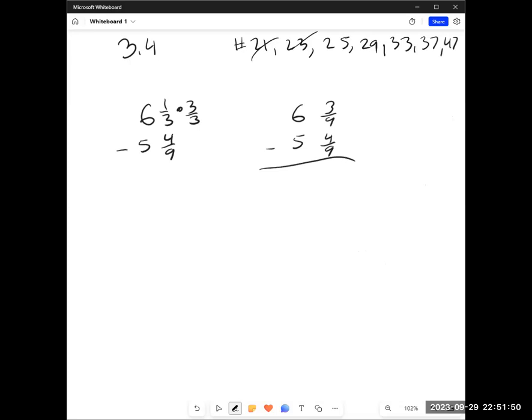But wait, I can't subtract 4 from 3, so I need to borrow 1 in the form of 9 over 9. So that's going to become 5 and 12/9 minus 5 and 4/9, and that's 8/9. And that's our final answer.